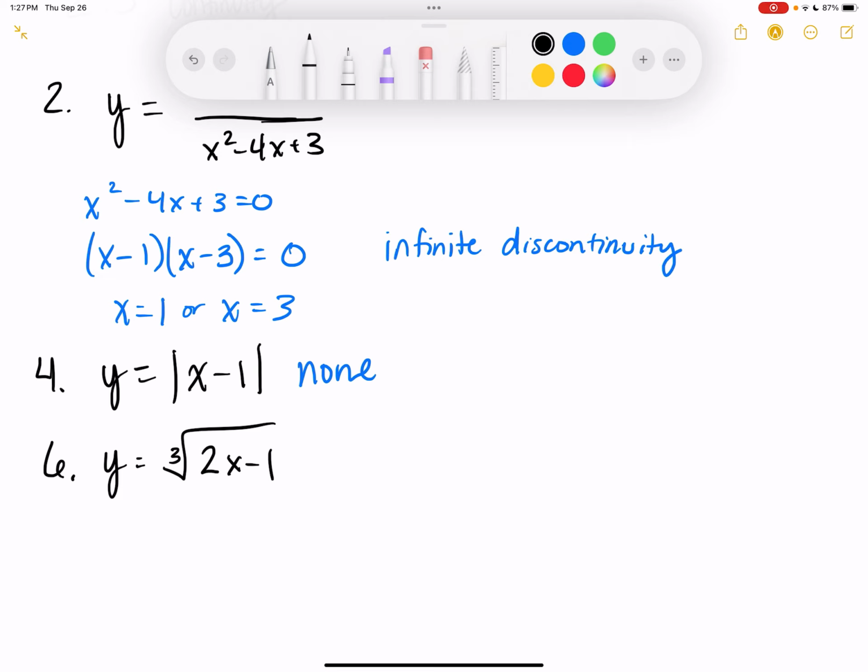It's a cube function turned on its side. Not a line. And obviously shifted because of that 2x minus 1.